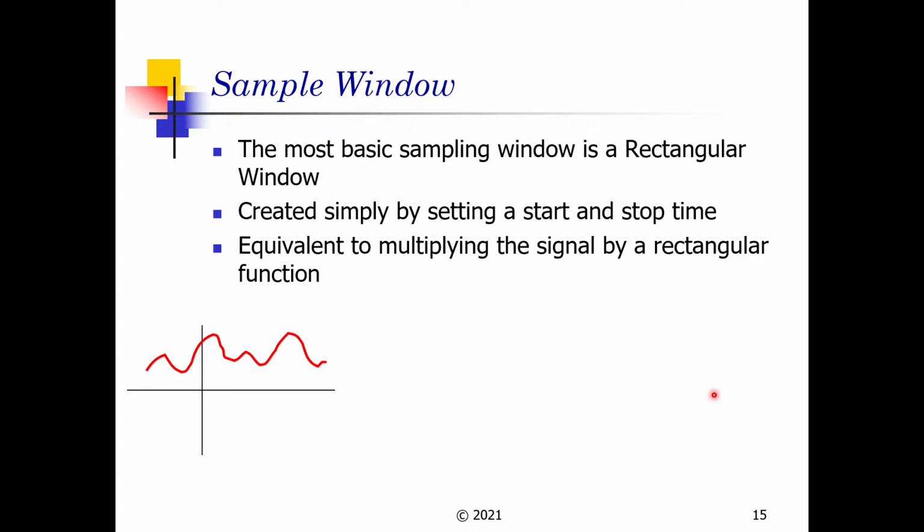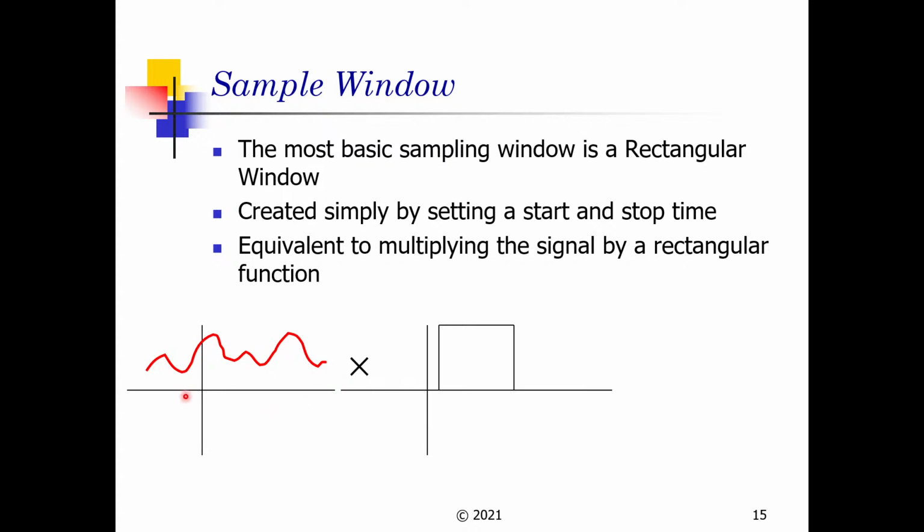The most basic sampling window that you've been introduced to so far is the rectangular window, where our rectangle has a start time and a stop time, and just has a flat magnitude of 1 to sample out all the signal that is required between these two time points in particular.